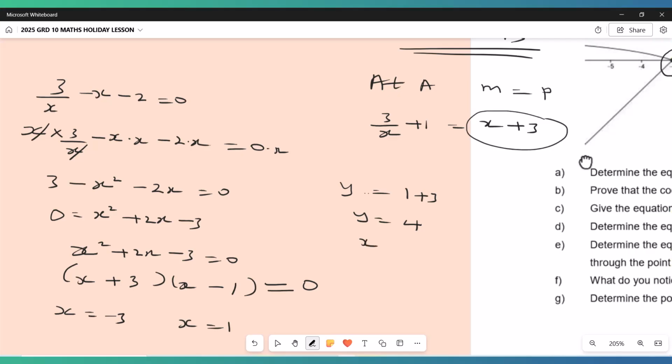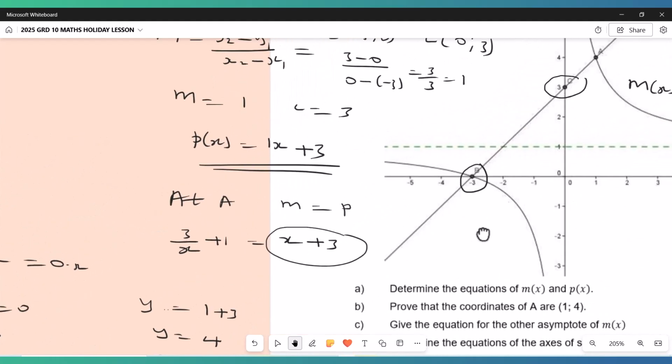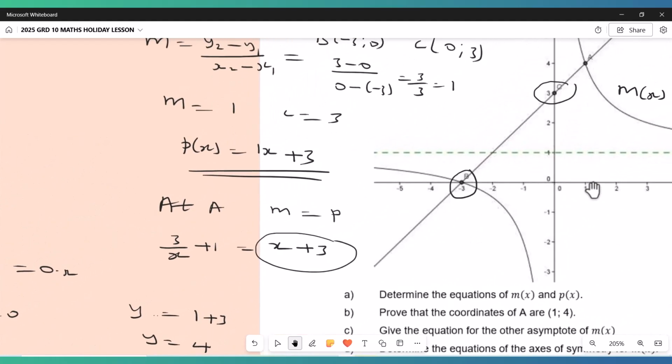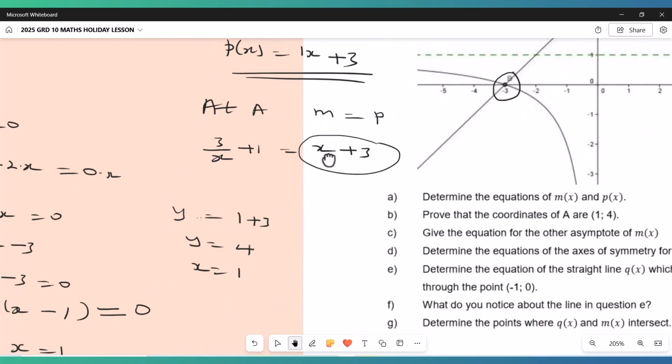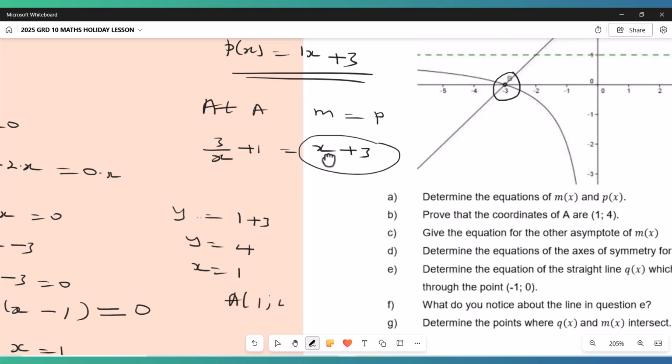And x equals 1, which means indeed that the point they talked about in the question, which is the point A, is (1, 4). So our point A is (1, 4). Okay, anybody with a question, please ask.